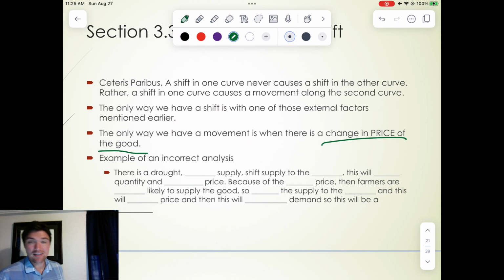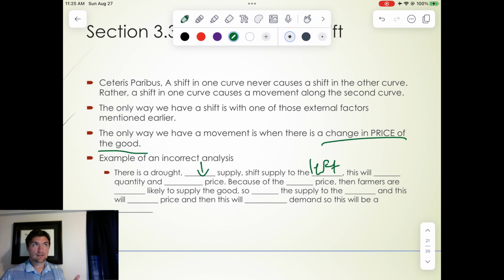Here is an incorrect analysis of what's going on. If there was a drought, that would be a decrease in supply, right? Because maybe you're out on the farm and there's no rain, and if there's no rain, you're not able to make stuff, so less supply, and then that would shift supply to the left. And then what will happen to quantity?